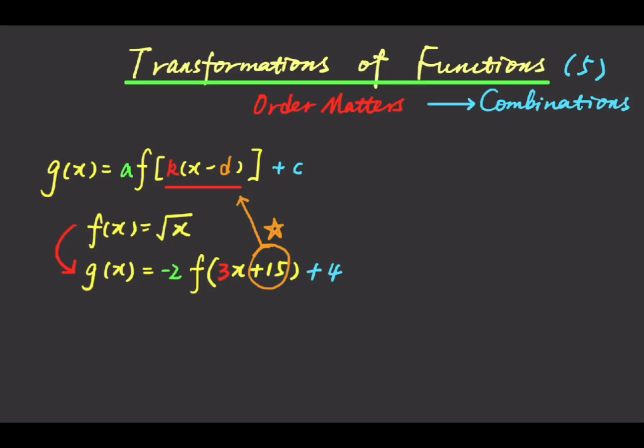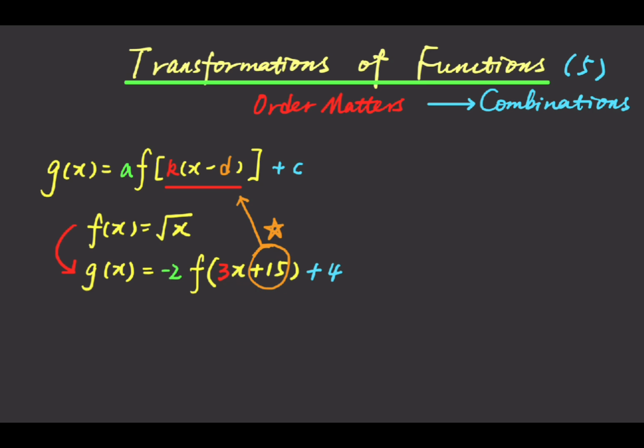I will continue to explain the transforming method from the base function to the transformed function g(x). Here, you must be careful. The transformed function here, inside the bracket, is 3x plus 15.